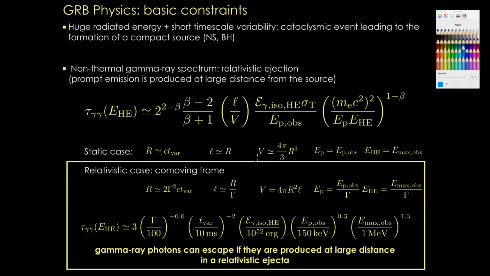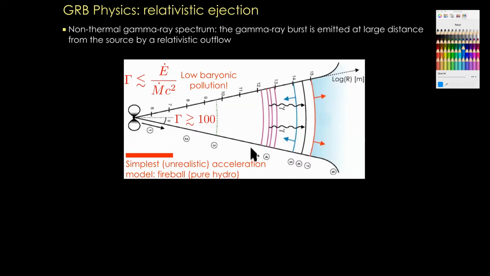Okay, so now we know that we have a relativistic ejecta, and then, of course, a very complex question is to know how it is possible to produce such a relativistic ejecta with a very high Lorentz factor. The final Lorentz factor should be of the order of 100 or more. It's a complex question.